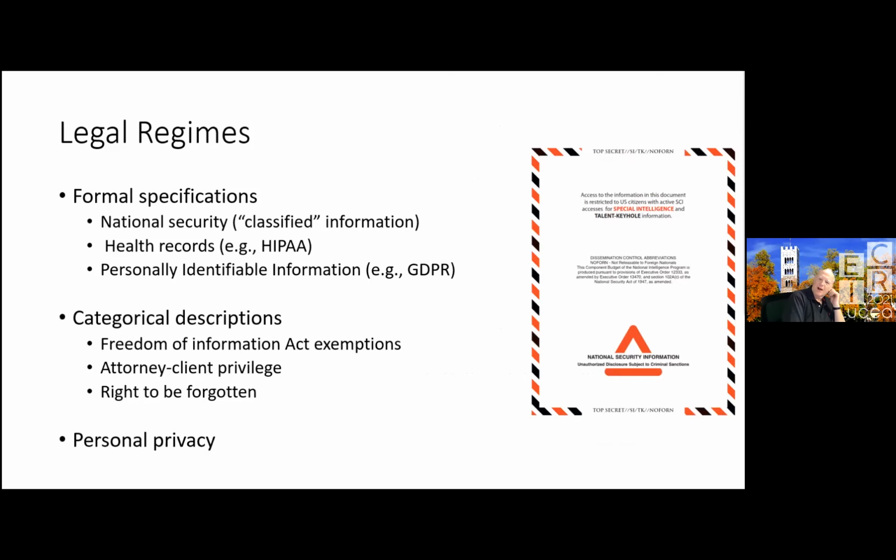But there are lots of kinds of information that might be sensitive, and people have tried to write down what might be sensitive and codify it somehow, and they've made formal specifications of these things. So one example is the classified information that I was just talking about. But health information is very heavily regulated.